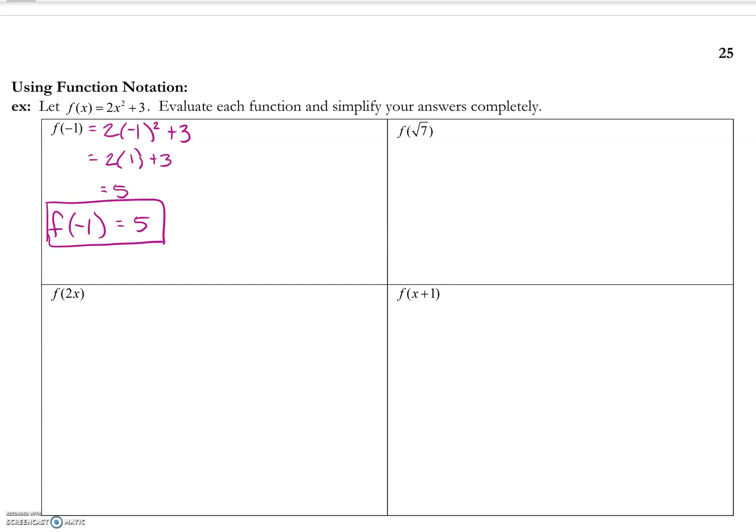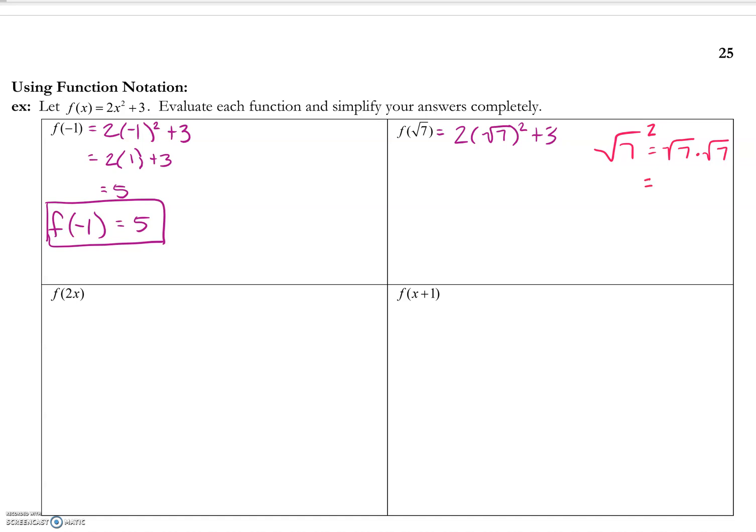For the next one, f of the square root of 7. Again, the square root of 7 is an input, so 2 times the square root of 7 squared plus 3. Thinking about order of operations, I'm going to start by squaring the square root of 7. I don't really know what the square root of 7 actually equals, but I don't need to when I'm squaring it. There are a couple of different ways I can think about this. When I square a number, that means multiply by itself. So really, I've got the square root of 7 times the square root of 7.